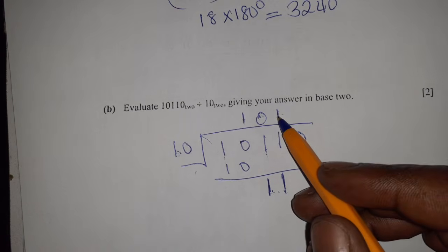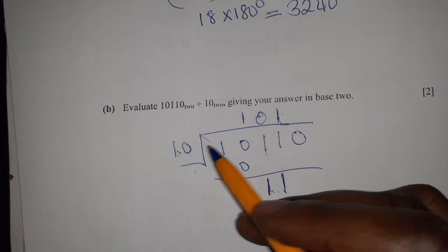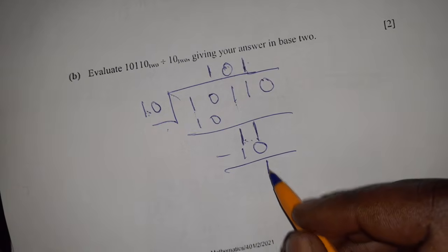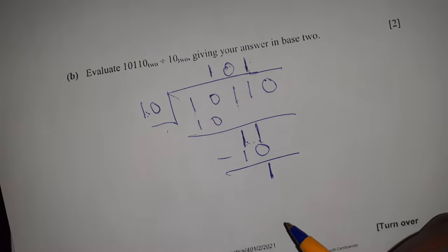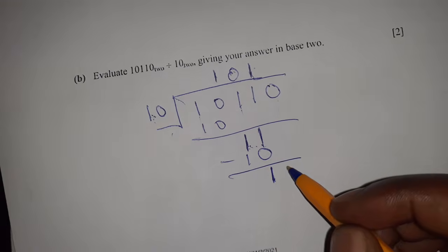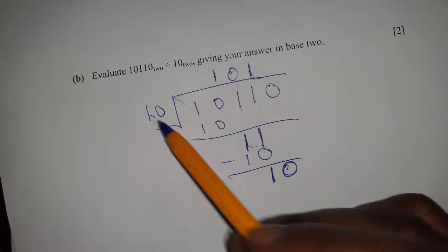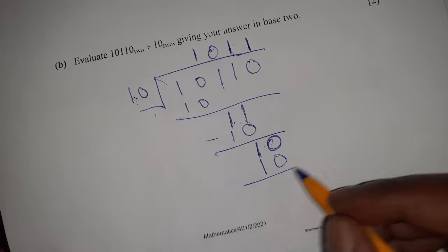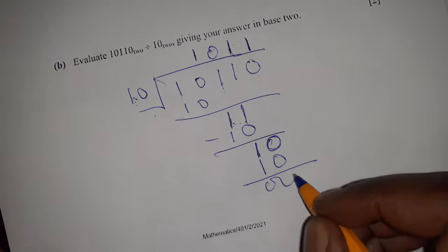If it can go in once, you multiply this by 10, you get 10. When you subtract, you get 0. This can't go into this one, so we drop down that 0 here. 10 into 10 can go in once. When you multiply, you get 10, and subtracting gives 0, 0.